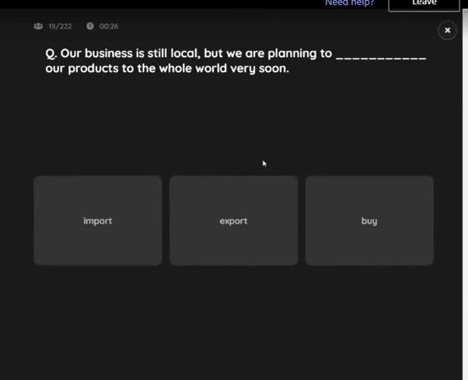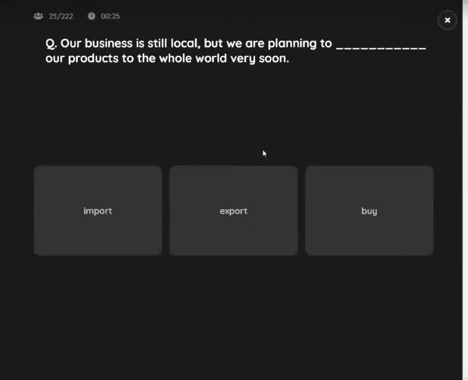Our business is still local, but we're planning to our products to the whole world. So what do you need here? You need import, export, or buy. 3, 2, 1, and 0.